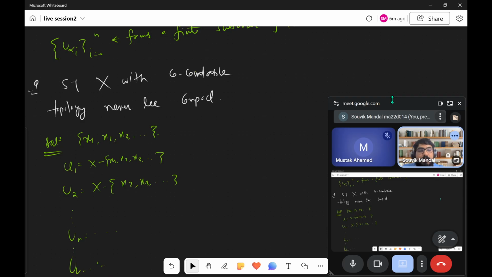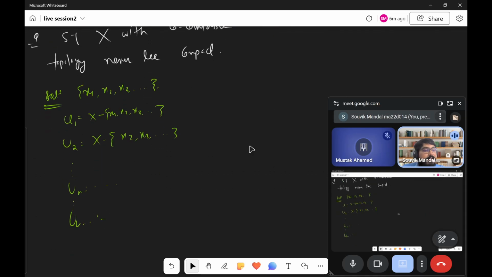Okay, so it's clear that this collection u_i, i equal to 1 to infinity, is an open cover for X, correct?